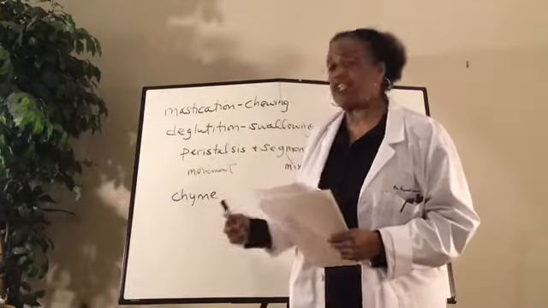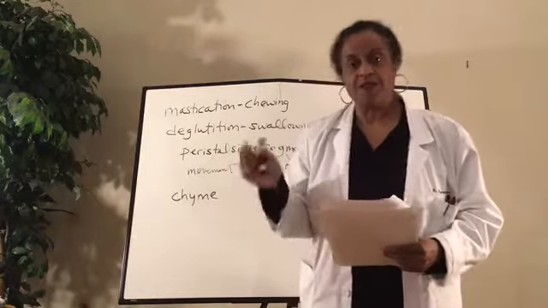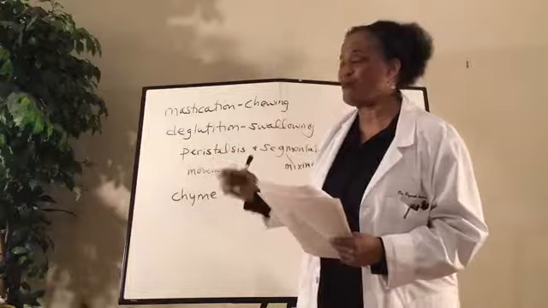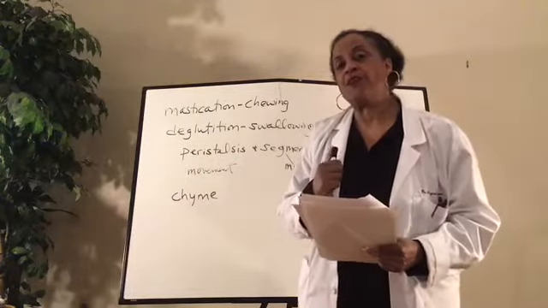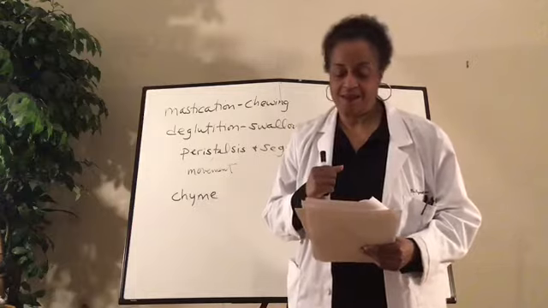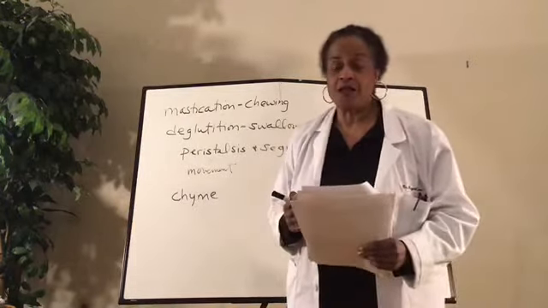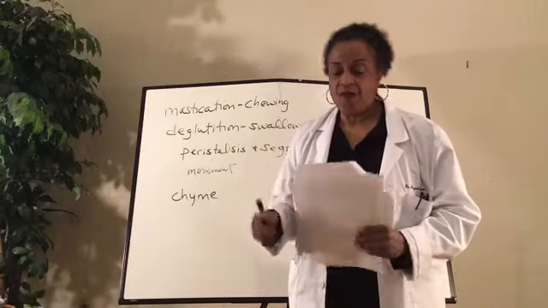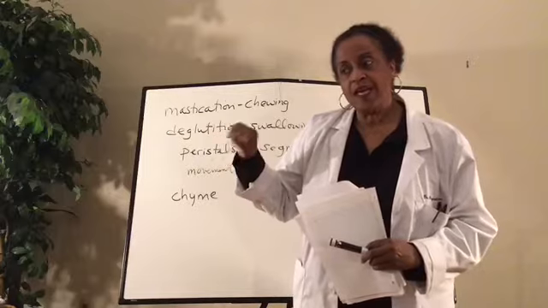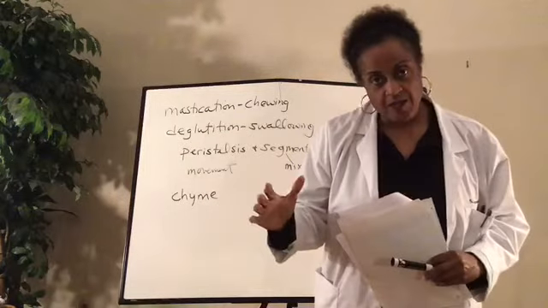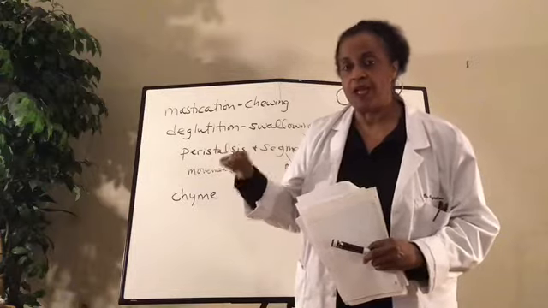This chyme is then ejected from the stomach into the duodenum approximately every 20 seconds. Since the stomach is considerably larger than the duodenum, the pyloric sphincter must open and allow some foodstuffs to come in and then close. So it's opening and closing.